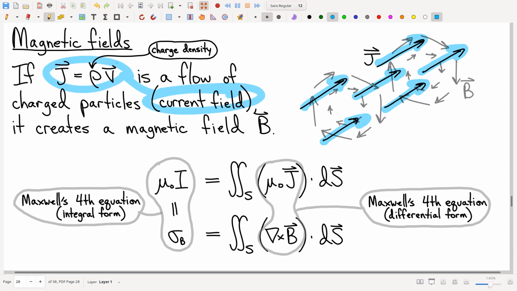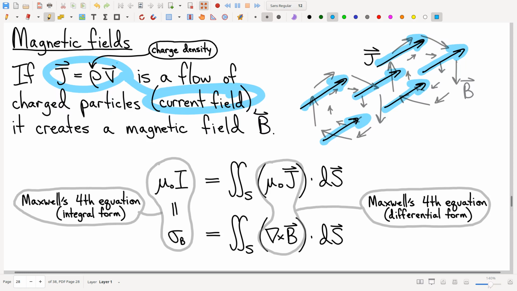We usually represent the current field not by just the velocity itself, but by charge density times velocity. You remember we had these two different points of view on how to use a vector field to represent a fluid flow. So current is a vector field, a flow field.